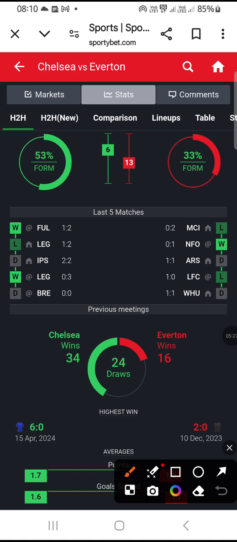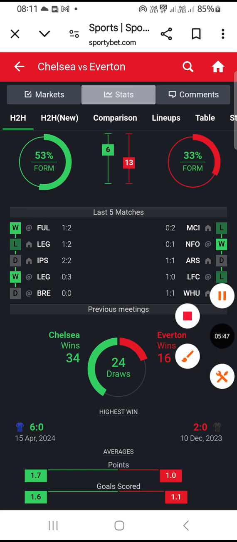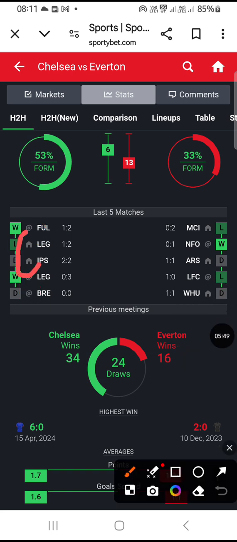Draw. Chelsea was at home, they scored two. Okay. Then win. Chelsea was away. So away is all about A. Anything with A like this, A is away. Anything like this, like H, this is home.